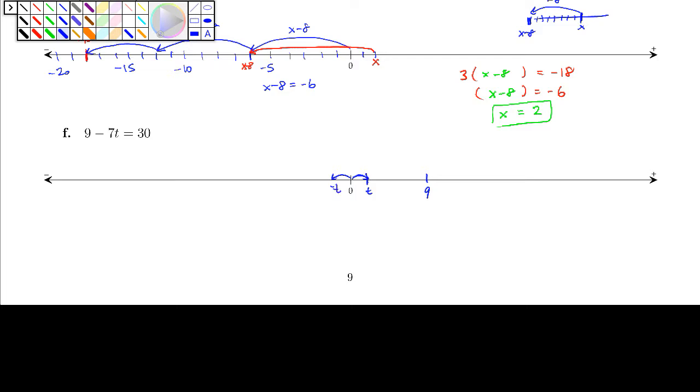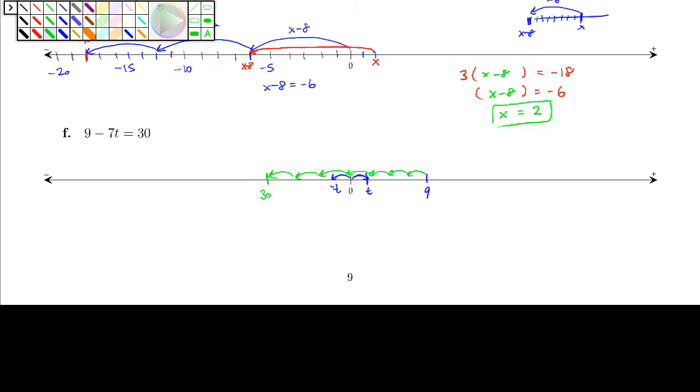So if I do that, starting at 9 and then subtracting t, there's minus 1t, 2t, 3t, 4t, 5t, 6t, 7t. That's not going to work because it looks like I'm supposed to end up at 30. But 30 should be this direction from 9, right?